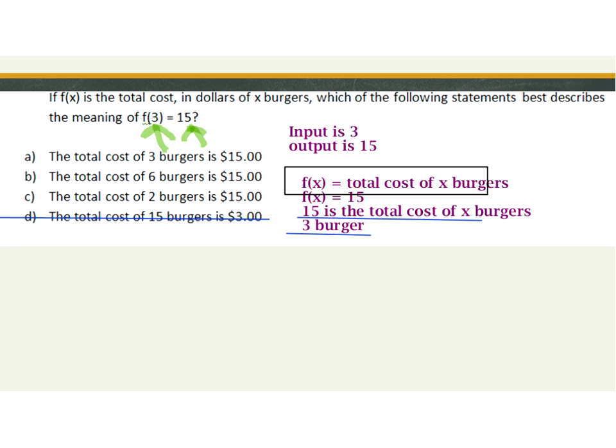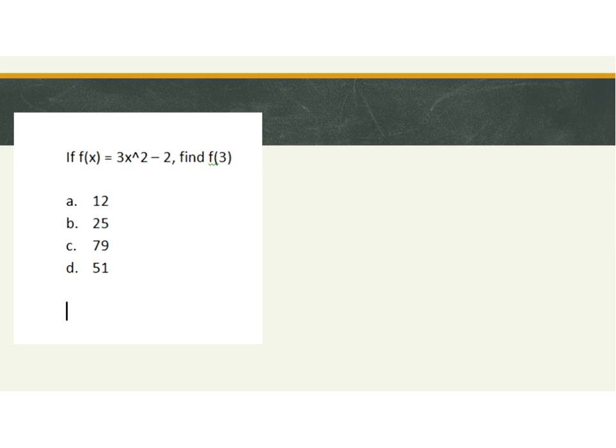We also have 3 burgers. You see that right there? 3, because it's F of 3, and X is your burgers. You have X, which is the 3. That's your burgers. So the only possible answer could be A. The total cost of 3 burgers is $15. All right, let's continue.